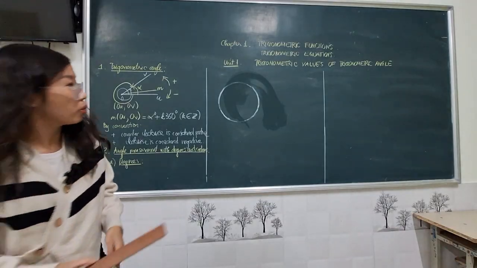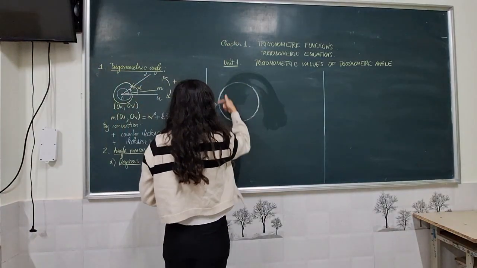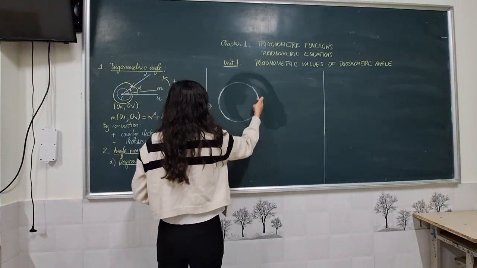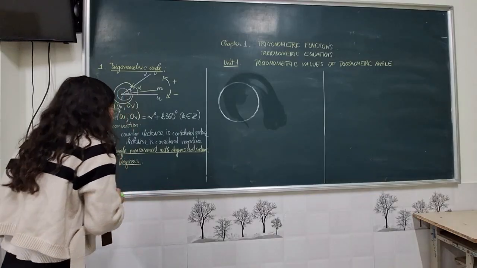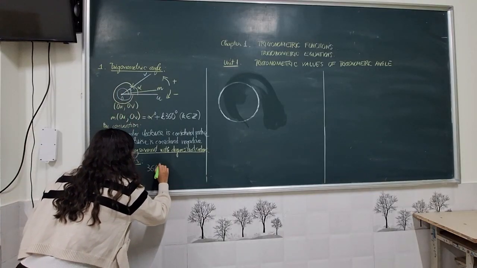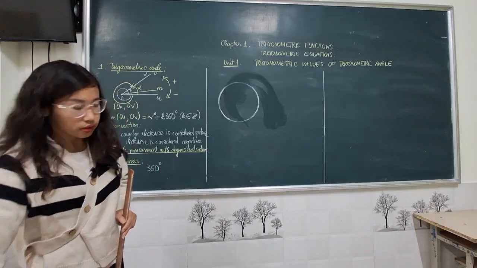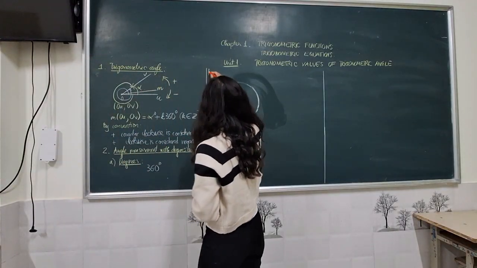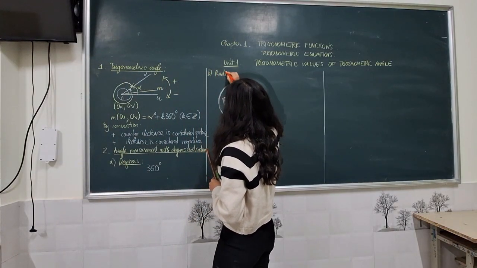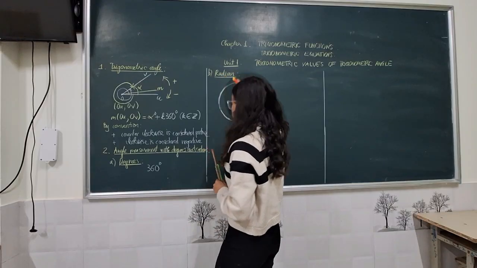I have a circle, and in a full circle, in one revolution, we have 360 degrees, right? And what is the radian? B. Radian. What is the radian?